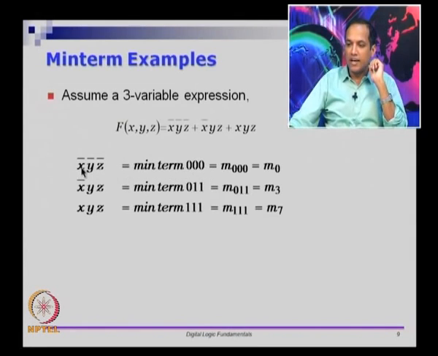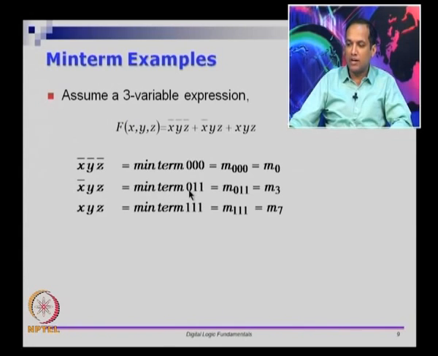The reason is x is appearing in the complemented form, y is appearing in the complemented form and z is appearing in the complemented form. We assume that the ordering is x, y and z from the left to right. So, this 0 means x is complemented, this 0 means y is complemented, and this 0 means z is complemented, and a min term with 0, 0, 0 means that we have the AND of x complement, y complement and z complement.